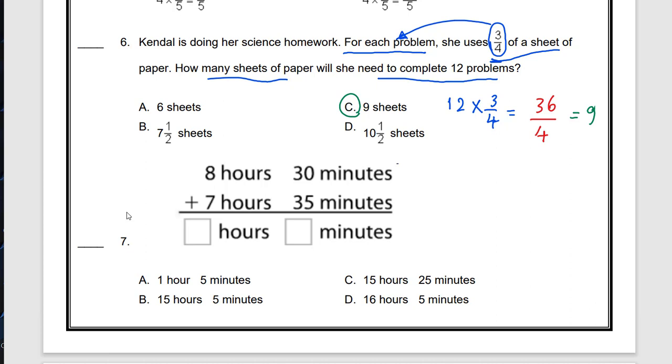Muhammad Raed, go ahead. 8 hours 30 minutes plus 7 hours 35 minutes. 30 plus 35 is 65. 35 minutes equals an hour and 5 minutes.